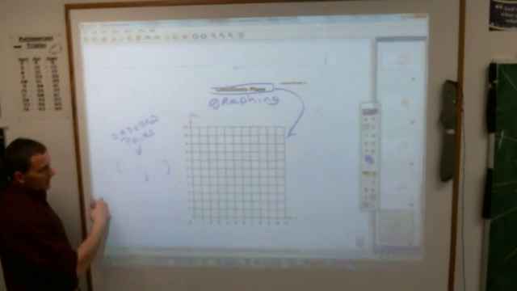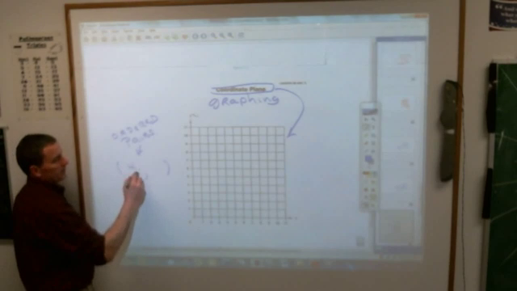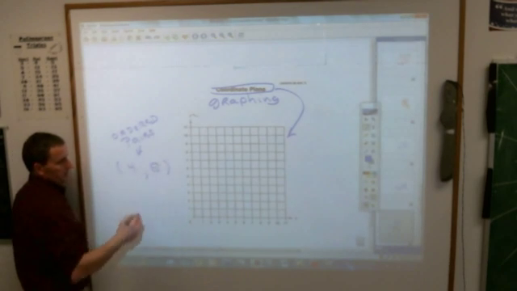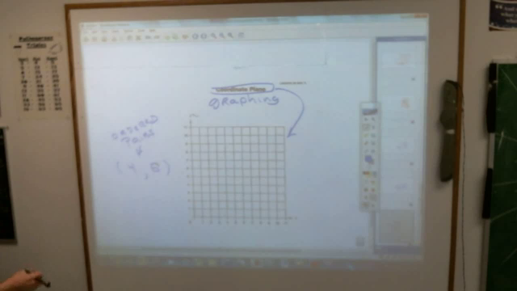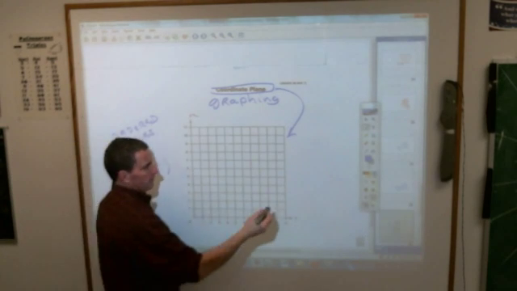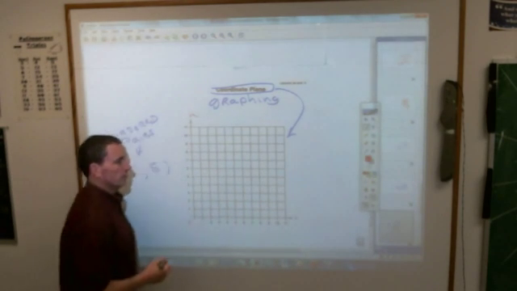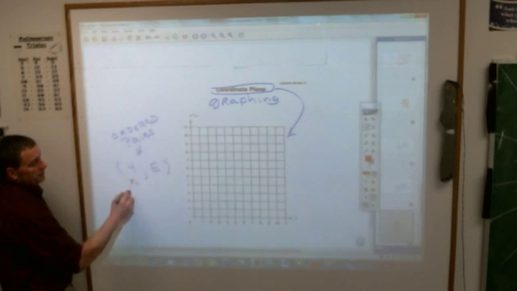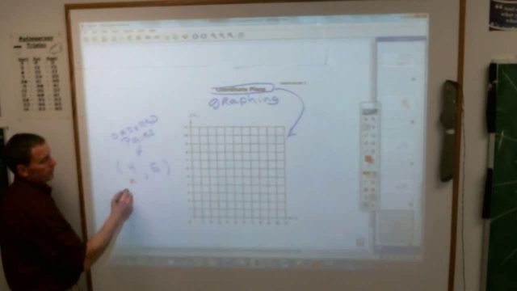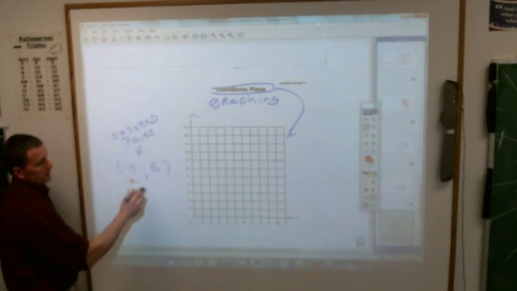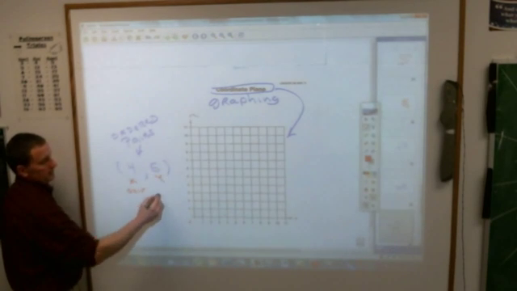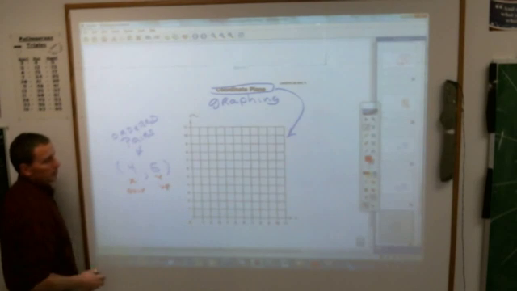You'll see a number, maybe it is 4, 5. There's a couple different ways to think about this. The first number given in an ordered pair is what we call the x number, the number that says how far over. And the second number is the y number, and it's the number that tells how far up you go.